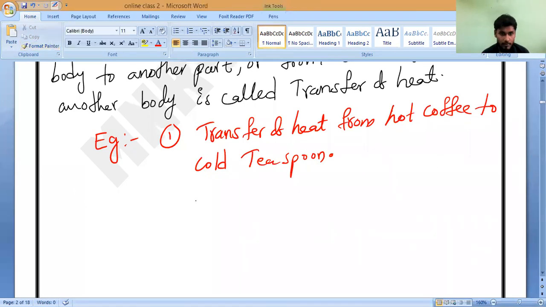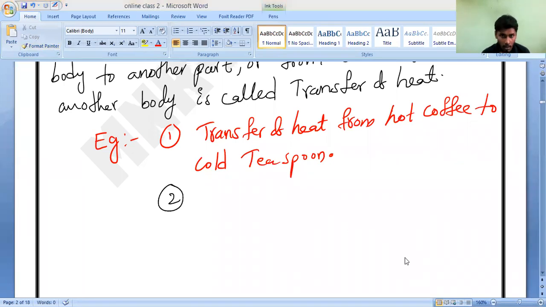What is the second one? Heat is transferred from the hot flame to the cold utensil.